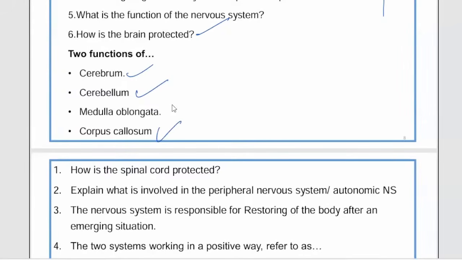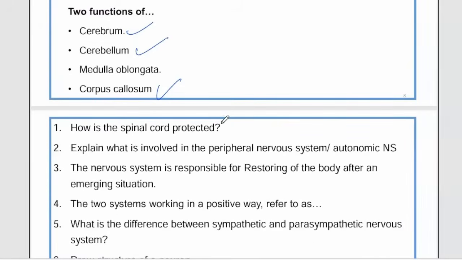Corpus callosum, we say that it connects the left and the right hemispheres together, and also allows communication between the two hemispheres.